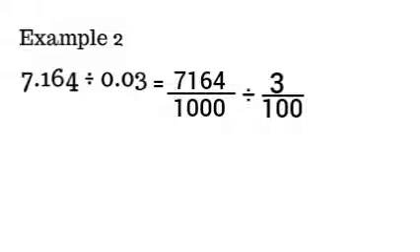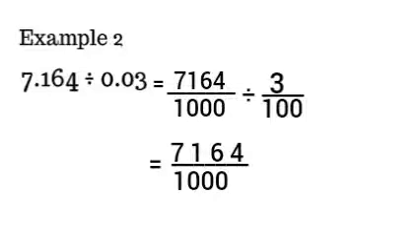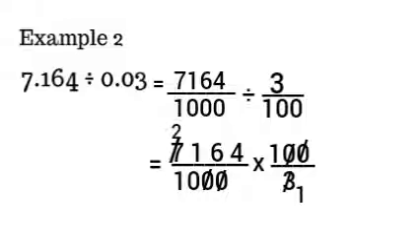7,164 over 1,000 times, once we change the sign to multiplication, 100 will go up while 3 comes down. We go ahead and cancel. 0 takes 0, 0 takes 0. 3 into itself is 1, into 7 is 2, remember 1. We'll place the 1 beside 1 and have 11. 3 into 11 is 3 times, remember 2.